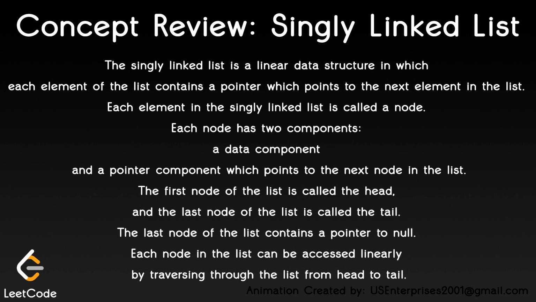Each node has two components, a data component and a pointer component which points to the next node in the list. The first node of the list is called the head, and the last node of the list is called the tail. The last node of the list contains a pointer to null. Each node in the list can be accessed linearly by traversing through the list from head to tail.